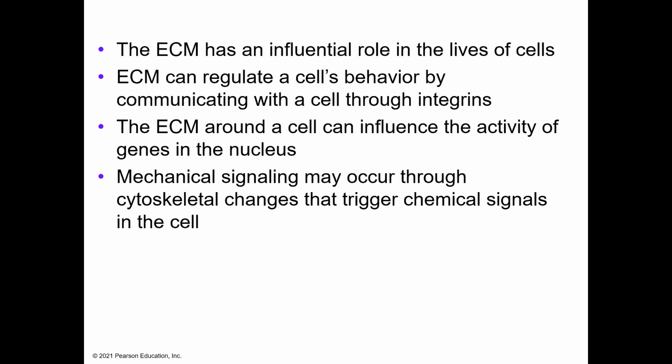Now, the ECM has an influential role in the lives of cells. It can regulate a cell's behavior by communicating with the cell through the integrins. The ECM around a cell can influence the activity of the genes in the nucleus. Signaling may occur, and it causes the cytoskeleton to change and trigger chemical signals in the cell.